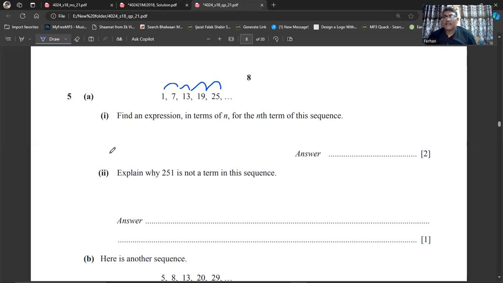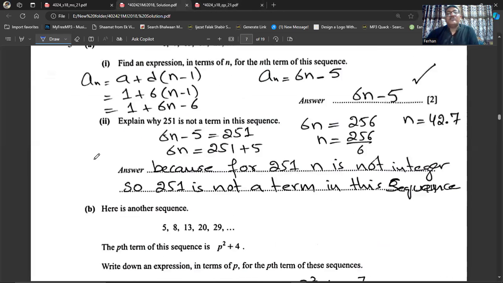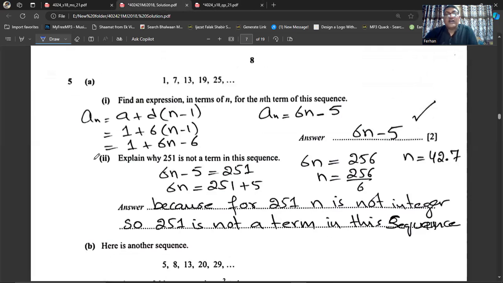Because it's an arithmetic sequence in which a common difference is added or subtracted. Here plus 6 is being added, and you get the next term. So the formula for the nth term is a plus d bracket n minus 1. a means the first term in the sequence, and d means the common difference. a is 1 and the common difference is 6.